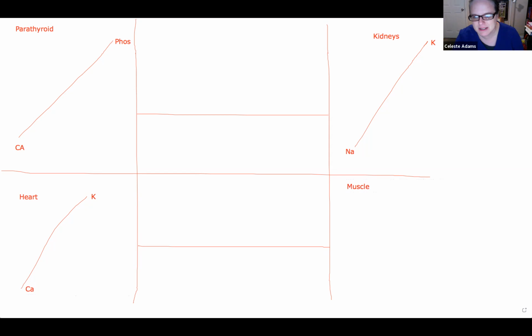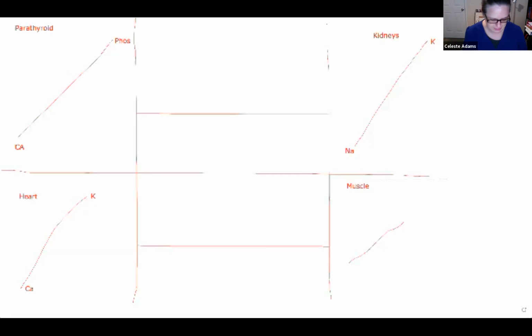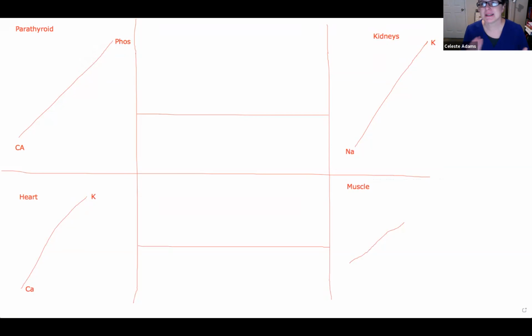But it's going to be a really subtle balance, not a whole big balance, because magnesium, like I said, is going to follow calcium. But the muscle still kind of balances them out. Like I said, it's really subtle. It's not a big balance.